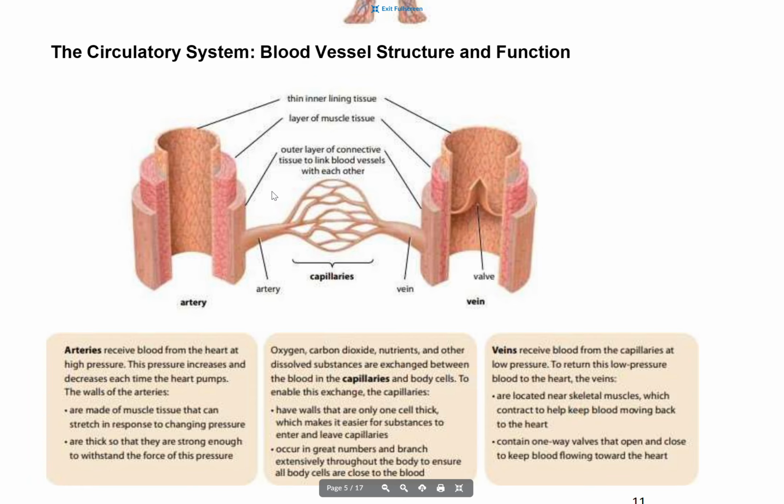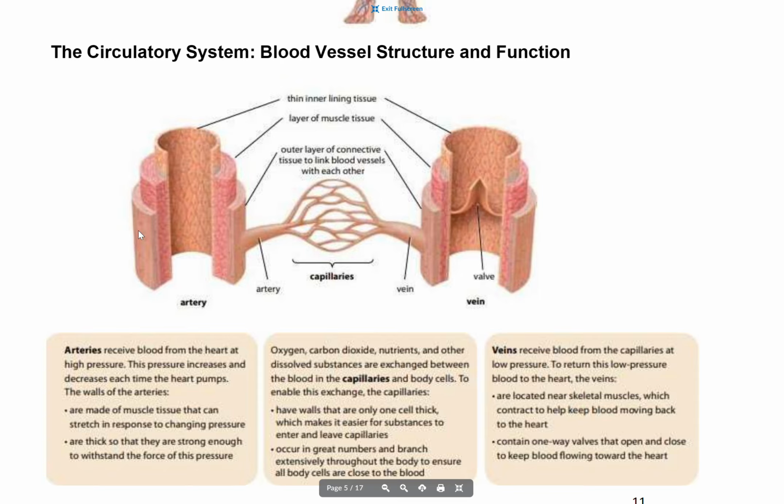And then for arteries and veins, they have this outer layer of connective tissue to link blood vessels with each other. So you'll notice that's in arteries, it's in small arteries, arterioles, it's in capillaries, it's in veins, right? So that layer of connective tissue is always there. But arteries and veins have a muscle layer and a lining layer.